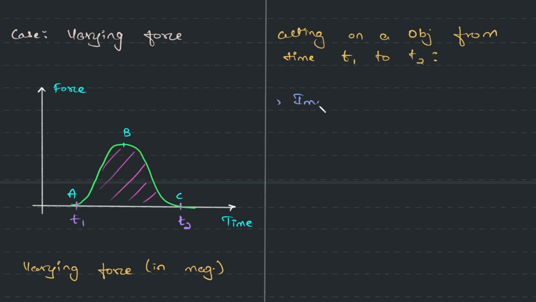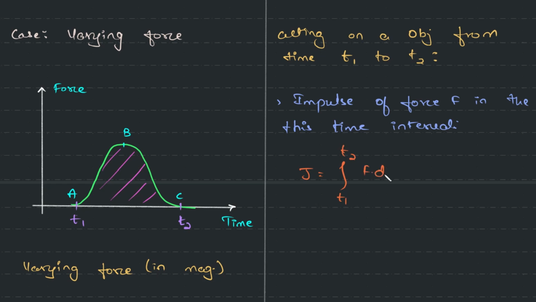Now, impulse of force F in this time interval is given by what? J is equal to integral from T1 to T2 of F dt.